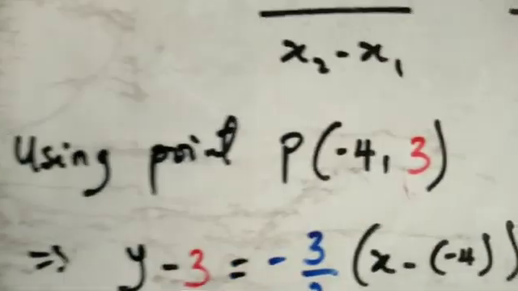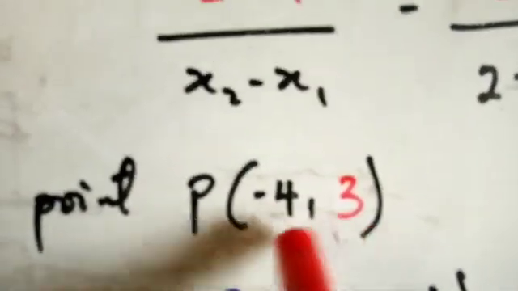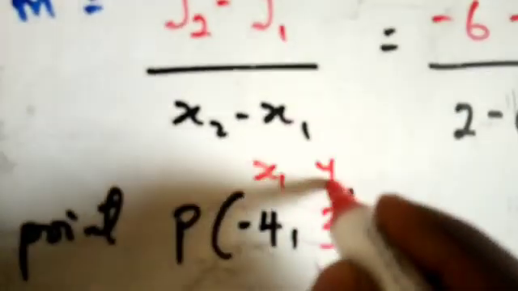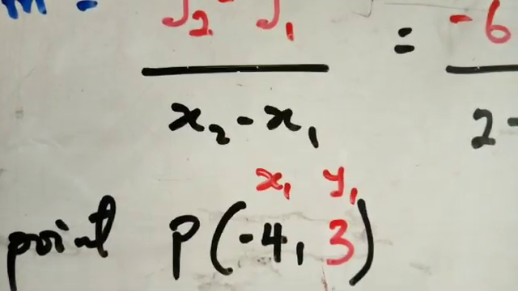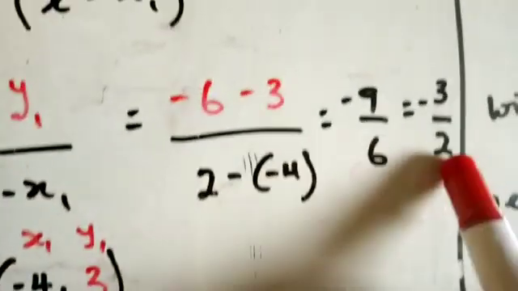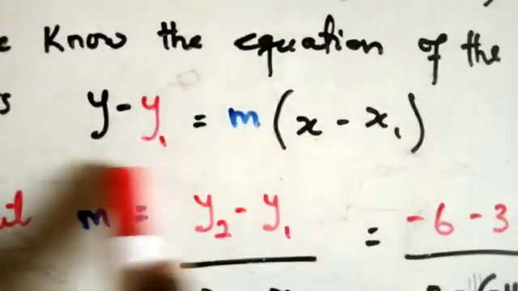So that is how I got to this point by using the point (-4, 3) as the x1 and the y1. Now that we have all three things we need for the equation of the line, we just need to plug them into this formula, because this is what we call the equation of the line.